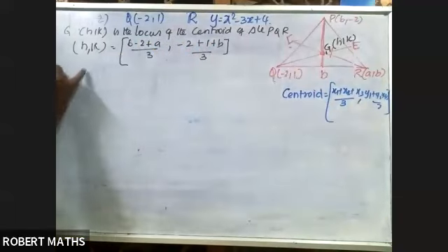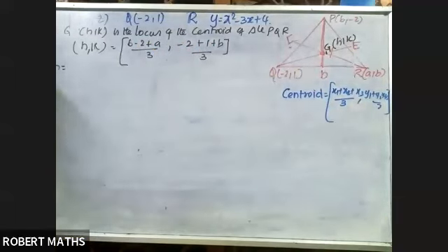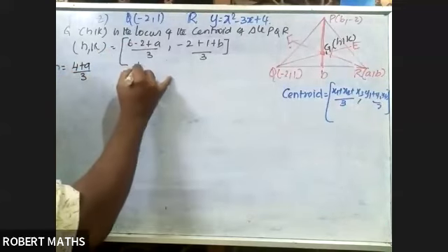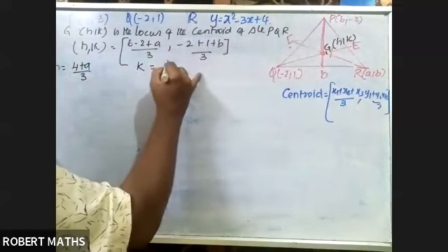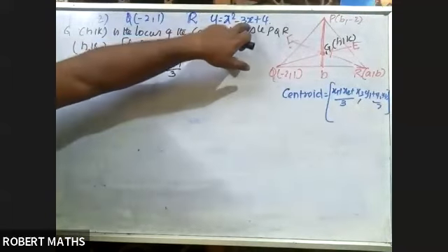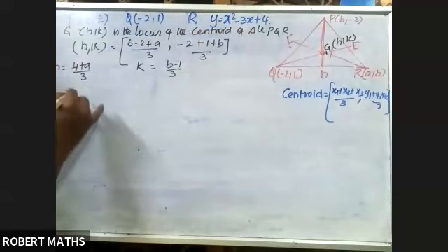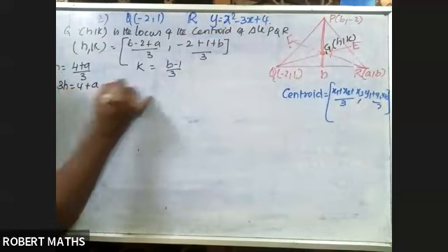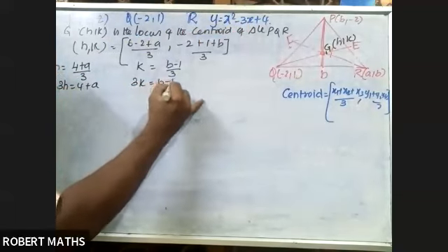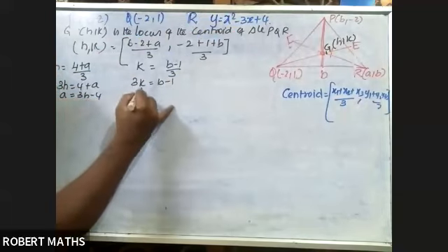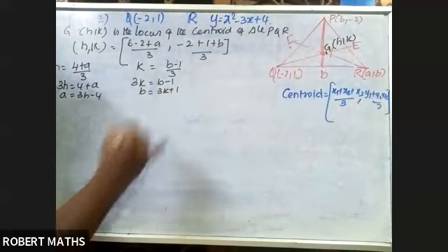We'll get h is equal to, compare பண்ற x coordinate, y coordinate, 6 minus 2, 4, 4 plus a by 3. k is equal to 2 plus 1 plus b by 3. இல்லையா? இதுல இருந்து நான் a, b கண்டுபிடிக்க போறேன். ஏன்னா R என்ற பாயிண்ட் இந்த குவாட்ராட்டிக் ஈக்குவேஷன்ல இருக்கு. அதனால a, b கண்டுபிடிக்க போறேன், which is 3h is equal to 4 plus a, 3k is equal to 3 plus b. From this we'll get a is equal to 3h minus 4 and b is equal to 3k minus 3.